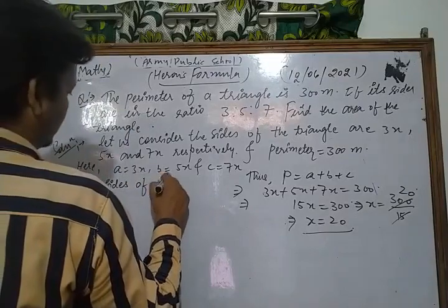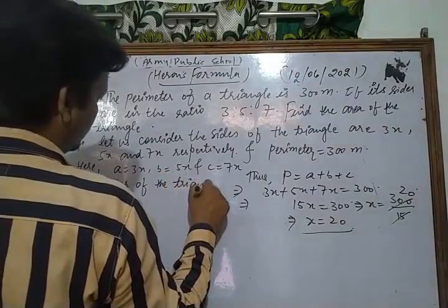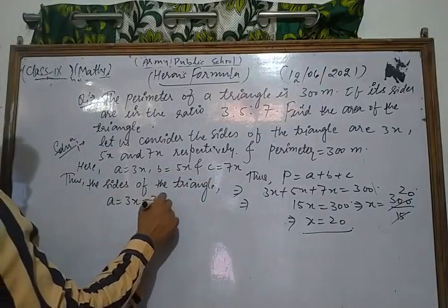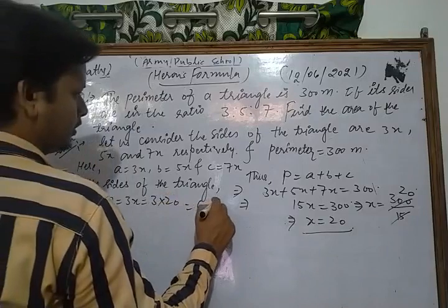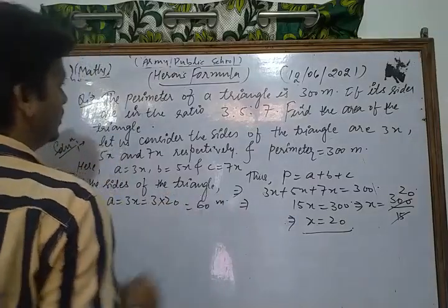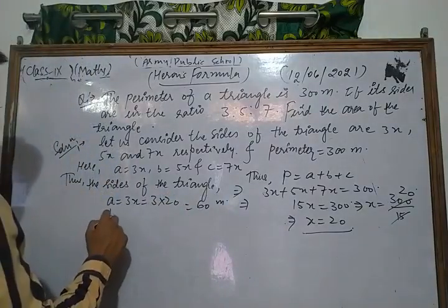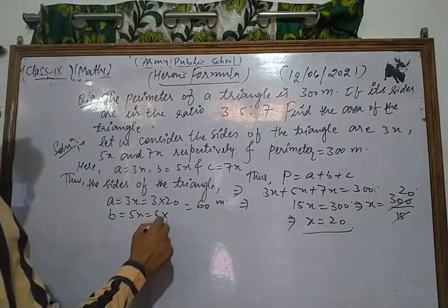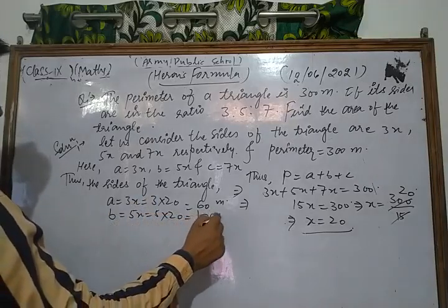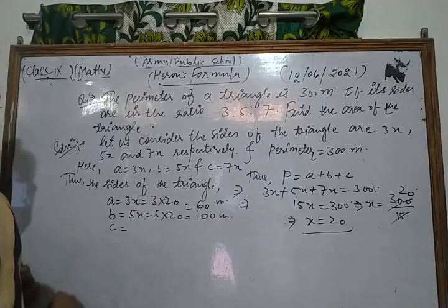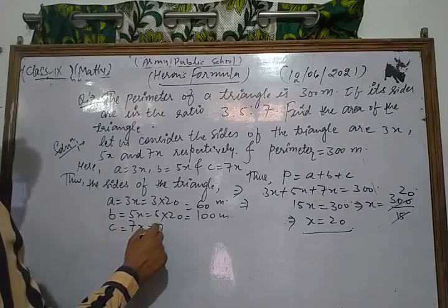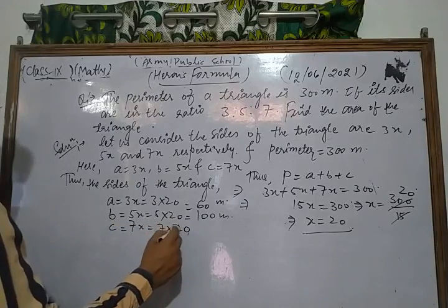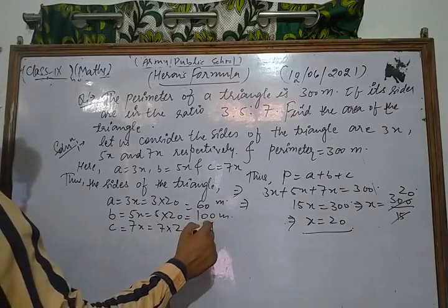Thus the sides of the triangle: A is 3x, this is 3 into 20, 60 meter. B is 5x, 5 into 20, this is 100 meter, and C is 7x, 7 into 20, this is 140 meter.